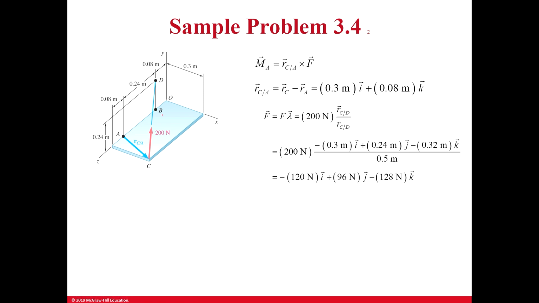So they're saying that RCD is equal to point D as coordinates 0, 0.24, and 0.08, and C has coordinates of 0.3, 0, 0.08 plus 0.4.